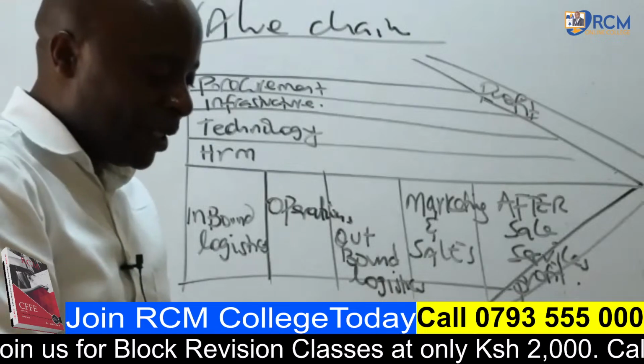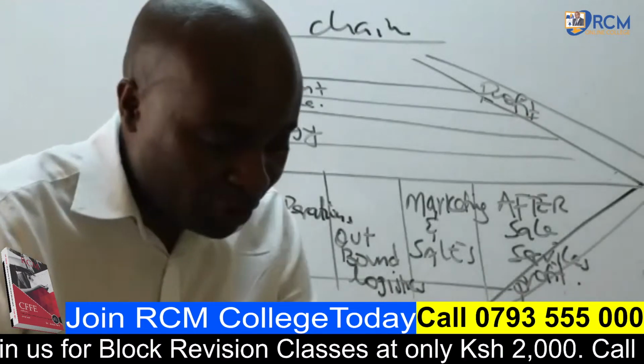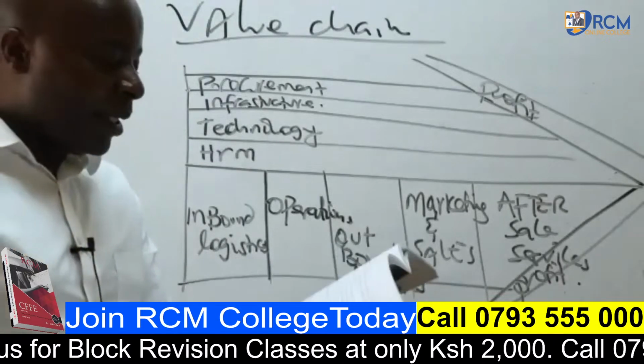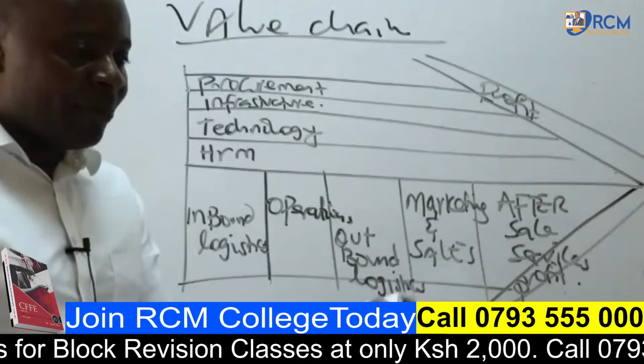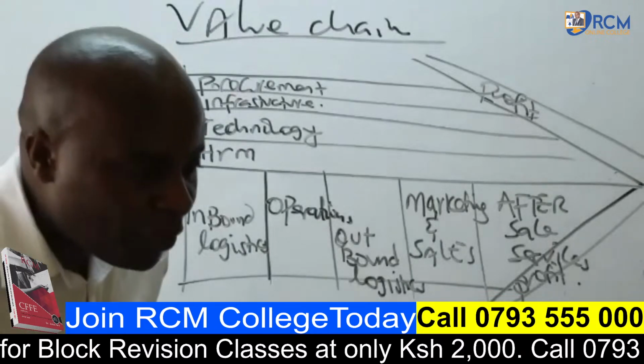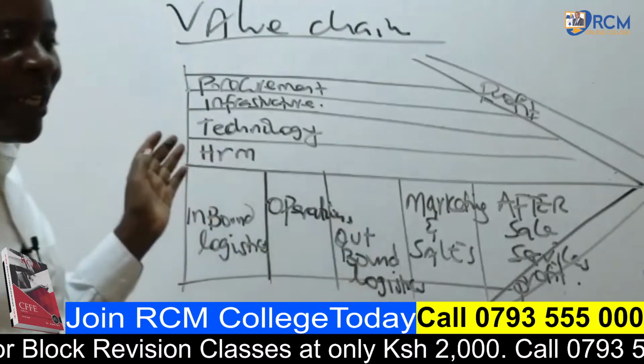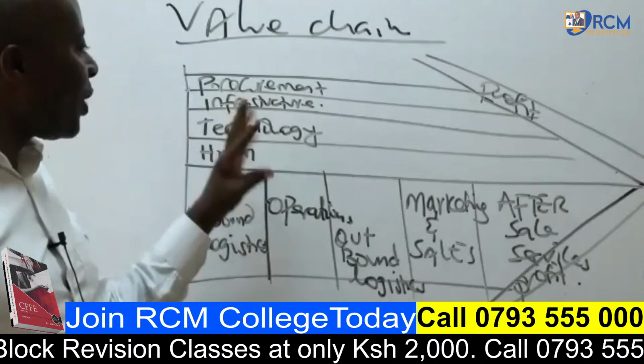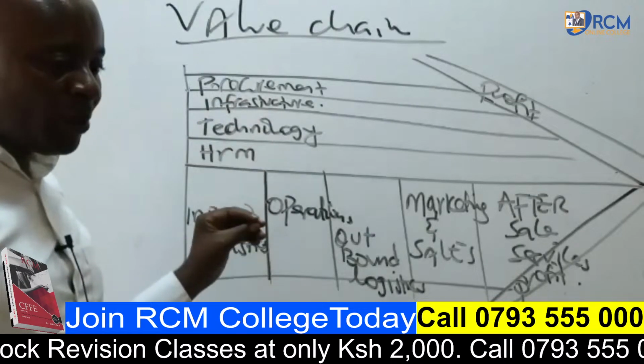Oh, the page number. Thank you. That one I should be able to tell you very fast. Page number 108. So have you finished putting down this drawing? Have you been able to see my handwriting? Procurement, infrastructure, technology, human resource management.